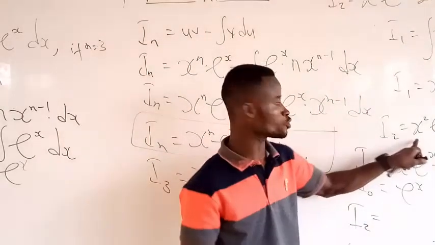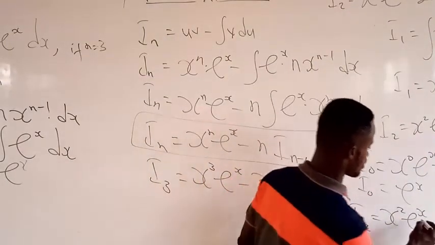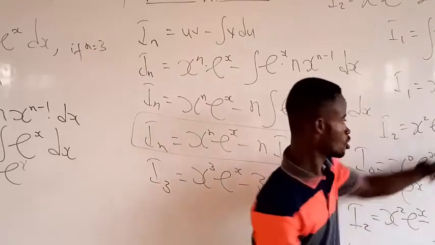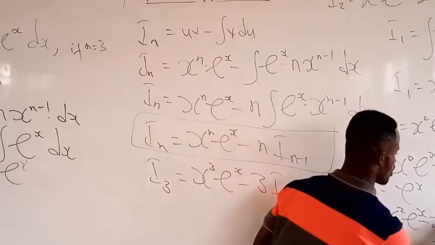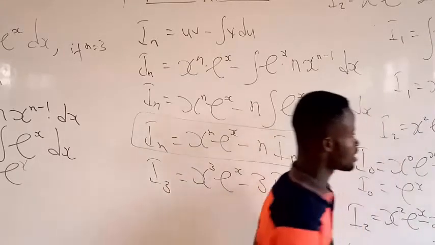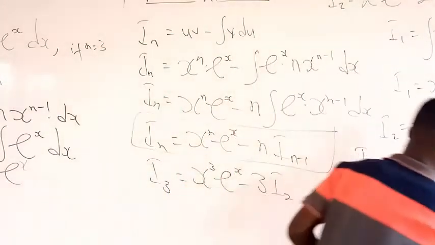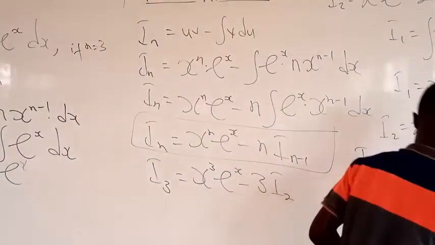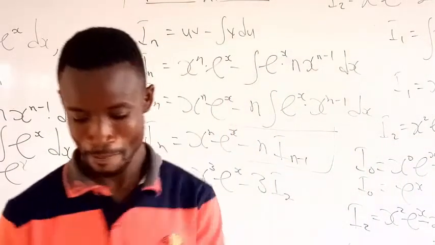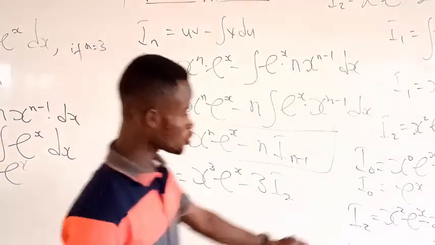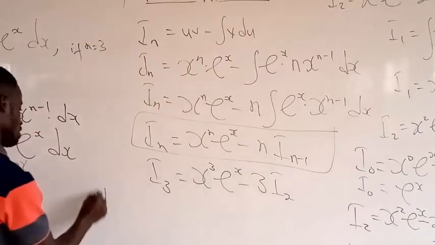I subscript 2 is going to be x squared e raised to the power x minus 2 x to the power 1 e raised to the power x minus I0. And I0 is e raised to the power x. Wow, I love mathematics. So you see what we are getting now. So that is I2. So now we are bringing it here.